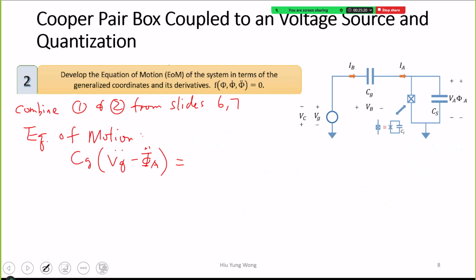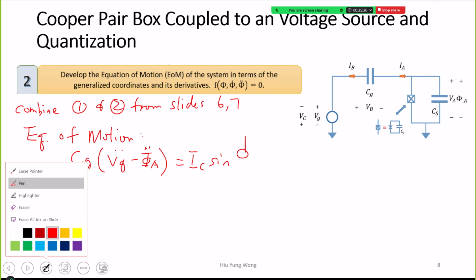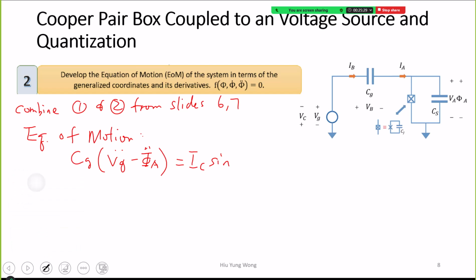So I just need to copy this whole thing. Ic sine phi A divided by the reduced flux quantum plus C summation phi A dot dot.